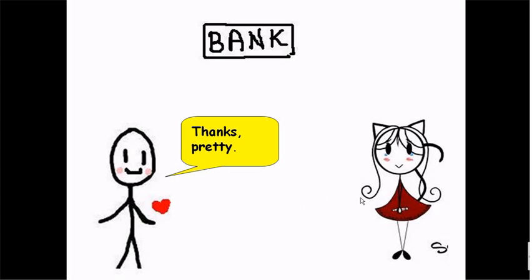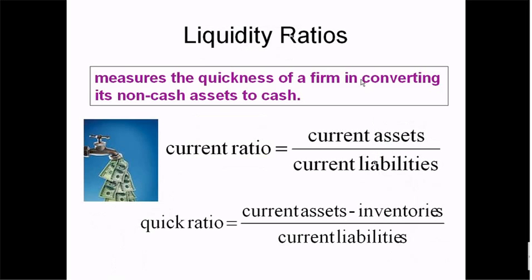So in what way does the bank evaluate your ability to pay back? The ratios that they use is what we are learning now. The first category is called liquidity ratios. Liquidity ratio measures the quickness of a firm in converting its non-cash assets to cash.